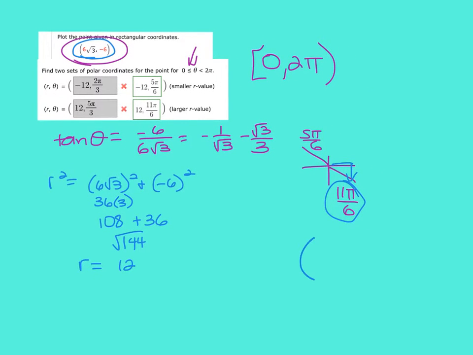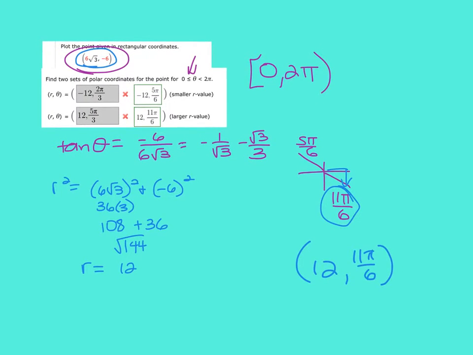Okay, so my initial point would be 12 and 11 pi over 6. But then it also wanted an additional one between 0 and 2 pi. Oh, you just picked the wrong angles, right? You picked it over 3s instead of over 6s. I also needed an extra one inside the 0 to 2 pi range.